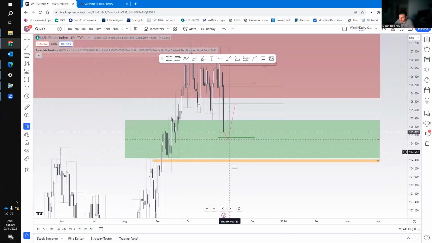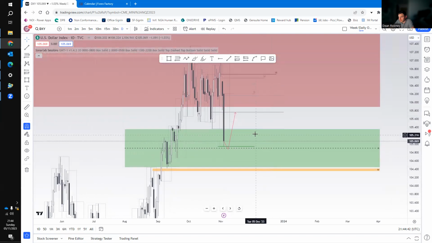And do we come down, trade into this area, and then go? From a weekly perspective, as this week goes, as next week goes, as soon as we start getting weekly candles closing below here, the middle of this fair value gap, then I think there's potential for further downside.